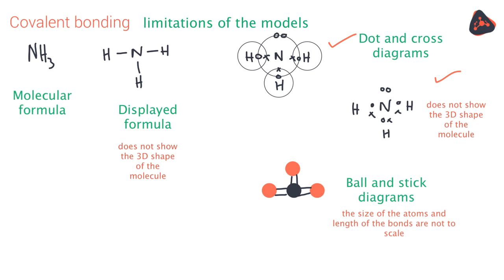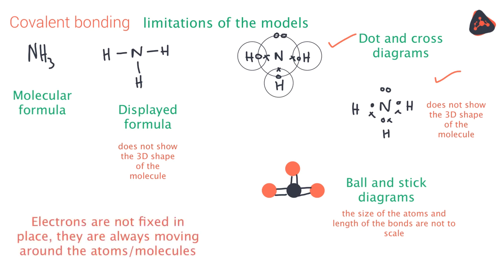All of these models also suggest that the electrons that make up the bonds don't move, which isn't the case. All of the electrons are moving all of the time. So while these models are all useful ways of visualizing molecules, do just keep in mind that they don't accurately represent the actual molecules, meaning that this isn't what they would look like if we could see them under a microscope.